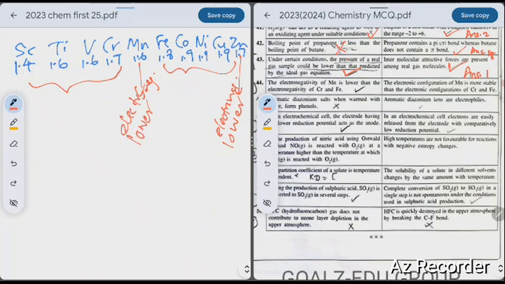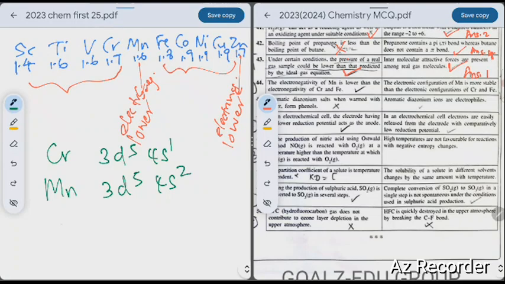So what is the reason for this? If we consider the electronic configurations, chromium is atomic number 24. The valence configuration of chromium will be 4s1 3d5, or we can write 3d5 4s1 because of the rearrangement. Then manganese is 3d5 4s2.